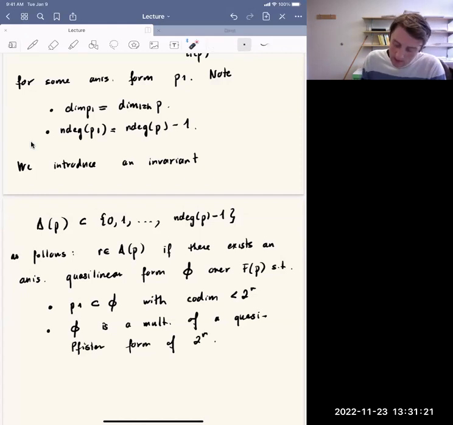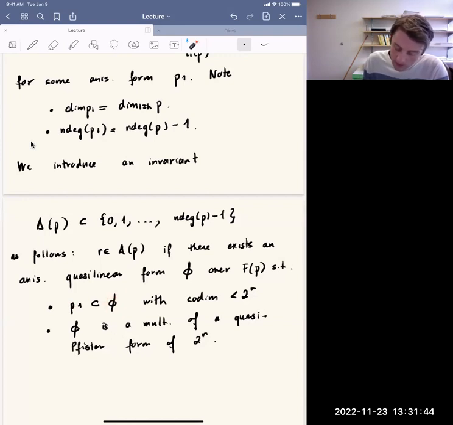So what I would say here is that the form P1 is what I would call a close neighbor of this form phi. So you can show in this case that the form phi is uniquely determined up to isometry. The Pfister form here is not uniquely determined, but the form phi is. And the form P1 is stably birational to the form phi.